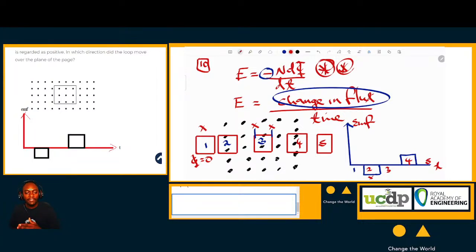And if we push it further out, now the flux is 0, which is position number 5, which I've put there. So that's all this question is about. Then they are now asking you which option is appropriate to produce that type of graph.